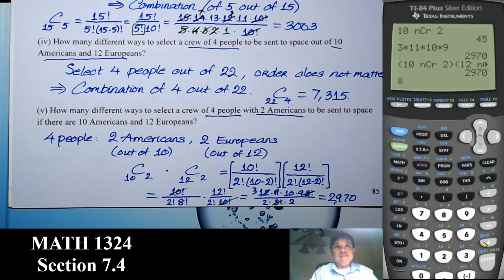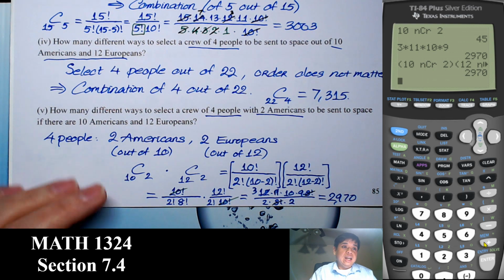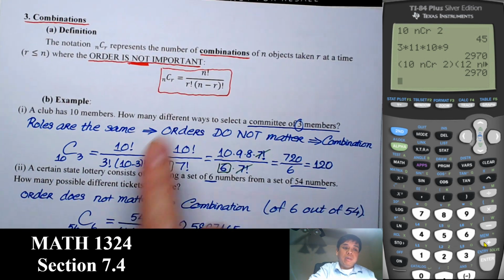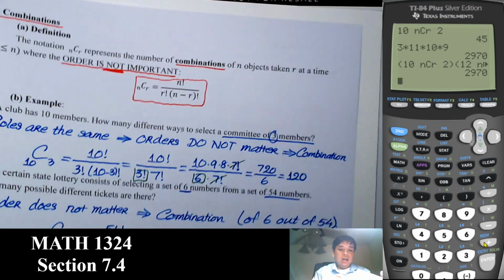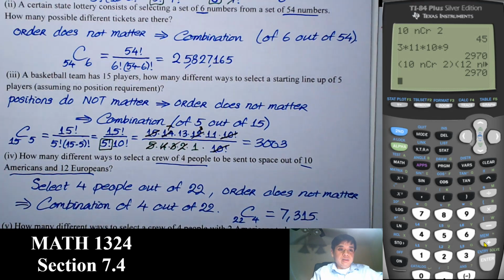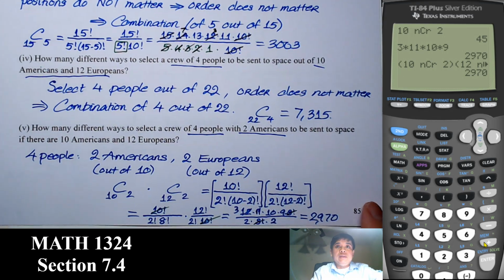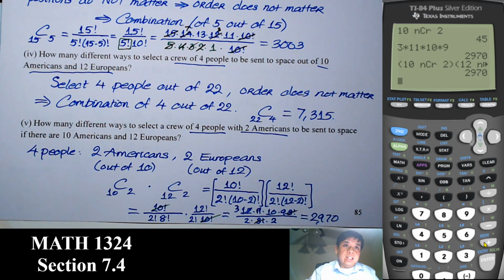The order doesn't really matter in a group or a committee, so in that case, that's the combination. And of course there's the formula for combination and the formula for permutation. So with that, we end section 7.4 here.